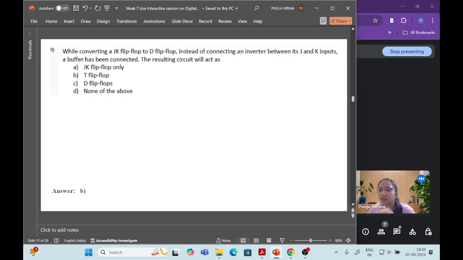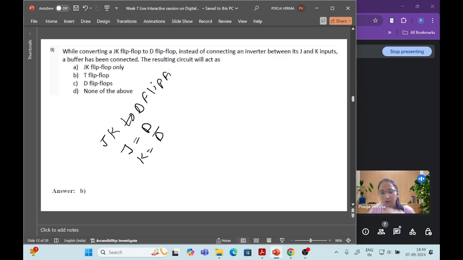So they are asking that while converting a JK to D flip-flop, instead of connecting an inverter, already we know that when we convert JK to D, we give J equal to D and K equal to D dash.